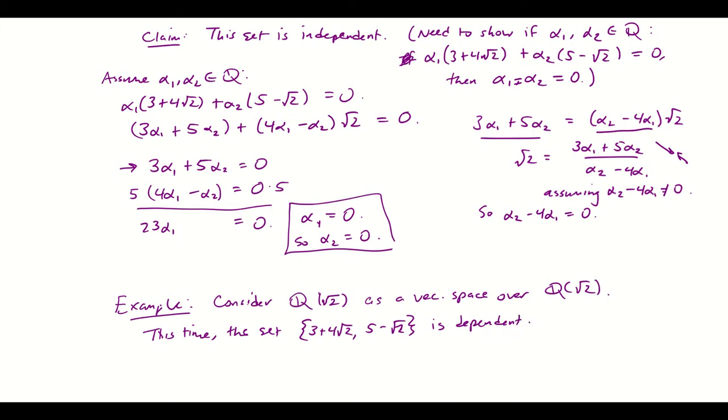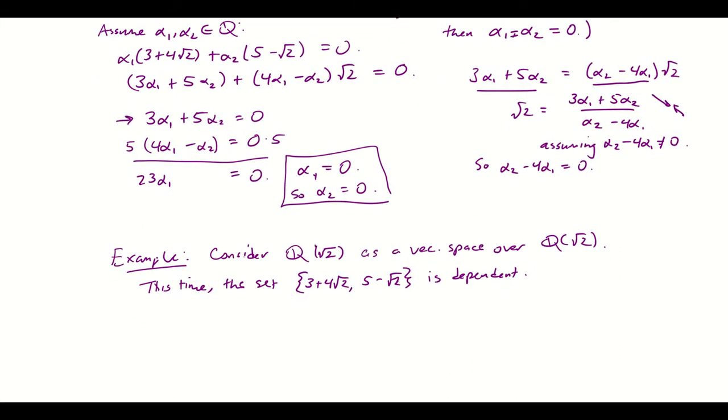Okay, here's why. I know from previous theorems, because I get Q adjoin root 2 by modding Q bracket x by a maximal ideal, the ideal of x squared minus 2, I know this is a field. So that means that 3 plus 4 root 2 can be written as (5 minus root 2), all of that times the following expression, (3 plus 4 root 2) over (5 minus root 2).